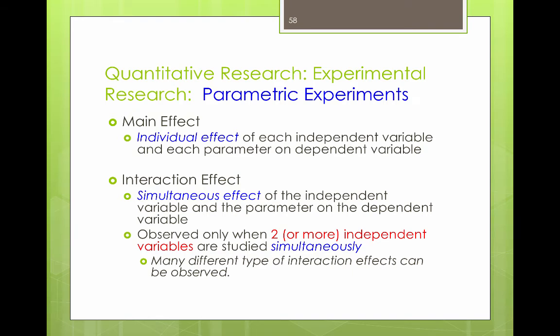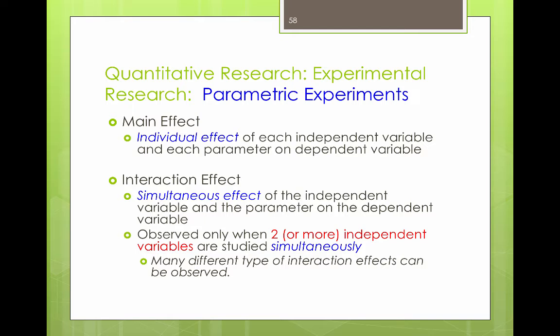The main effect is the individual effect of each independent variable on the dependent variable. And because we have more than one independent variable, we also have to consider that they might interact with each other. That's called an interaction effect, which is the simultaneous effect of the independent variable and the parameter on the dependent variable.